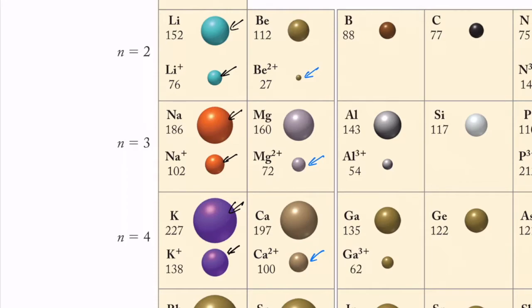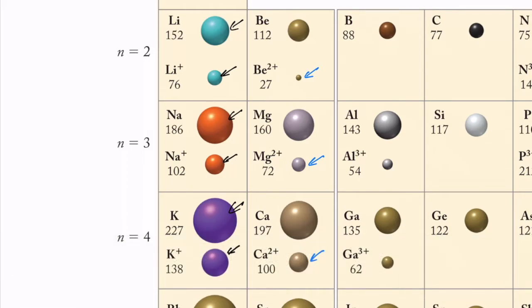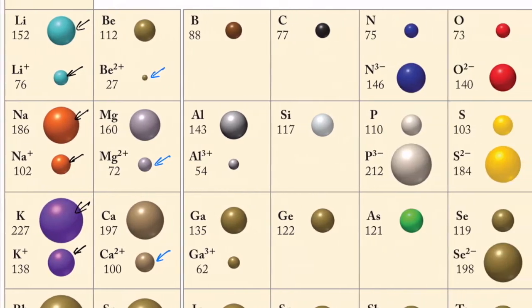So for example, beryllium 2+, which has the same number of outer electron shells as lithium, but the ion itself is smaller than lithium, again because it's lost now 2 electrons, being a +2 ion, so each of those electrons again feels a greater force towards the center of the nucleus, resulting in a smaller ion. So beryllium is smaller than lithium, magnesium 2+ smaller than sodium plus, and calcium 2+ smaller than potassium. So for positive ions, the ion itself is smaller than its respective atom.